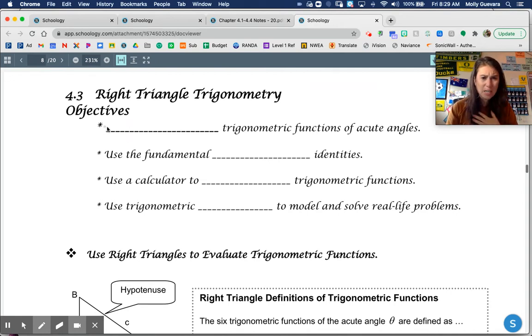Our first objective is that we are going to evaluate trigonometric functions of acute angles. We're going to use fundamental trigonometric functions, so basic trig functions that we learned in Algebra 2.